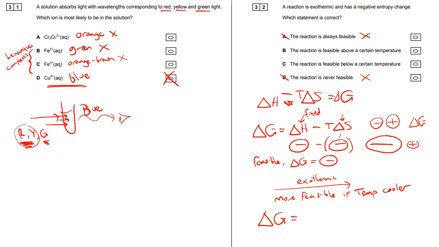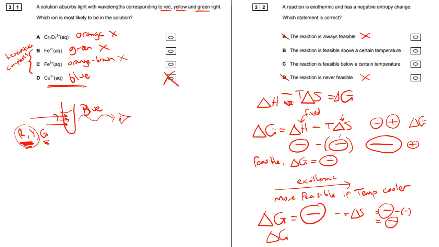If you've got delta G with a fixed enthalpy value and you're minusing a small temperature and a negative delta S, so a negative value minus a small temperature would give you a negative answer overall.